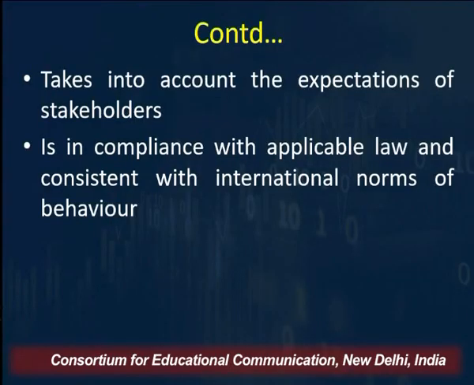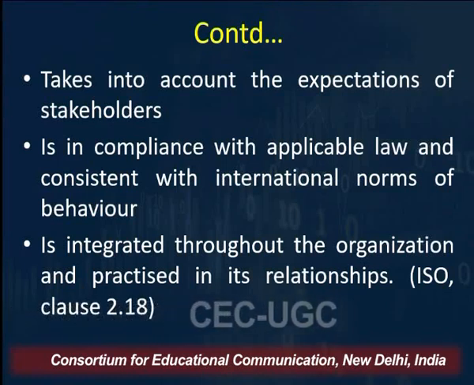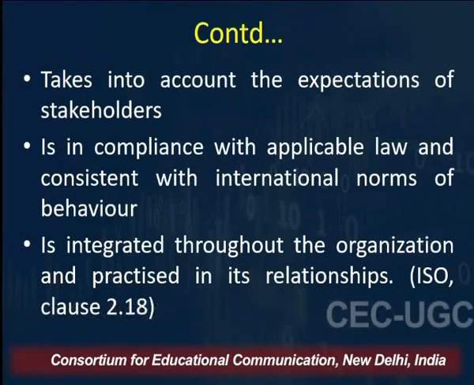Taking into account the expectations of your stakeholders forms part of acting responsibly. Whatever activities you are in, are they in compliance with applicable law and consistent with international norms of behavior, whether you are behaving responsibly or not, whether your entire action is integrated throughout and practiced in your relationships. And this is coming from ISO clause 2.18.